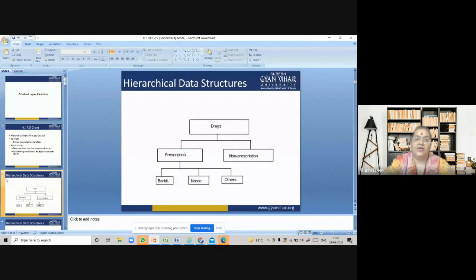This is one structure of the hierarchical data structure, where you have the drugs. Drugs means the medicines that you have. Let's say you have some medicines for any specific disease. Now, these medicines are written on the prescription by the doctor.